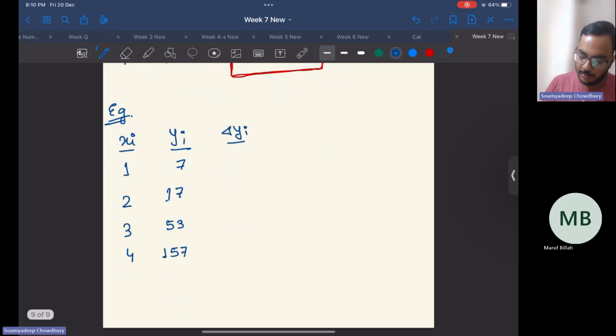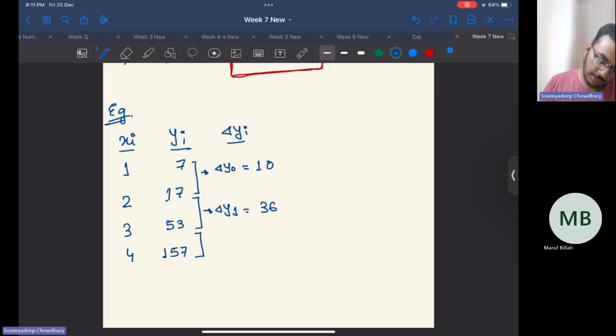Delta y naught is the difference between y1 and y naught, so it is 10 here. Using the next two, delta y1 is equal to 36. Using the next two, delta y2 is equal to 104.